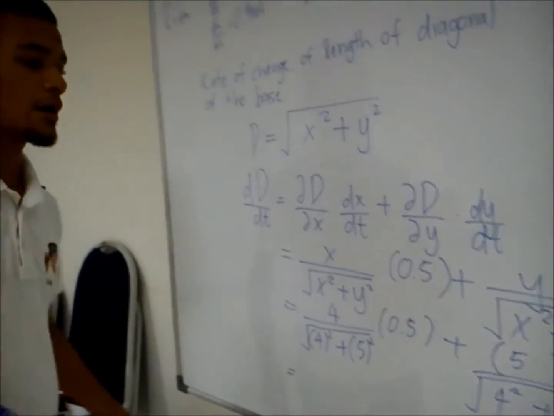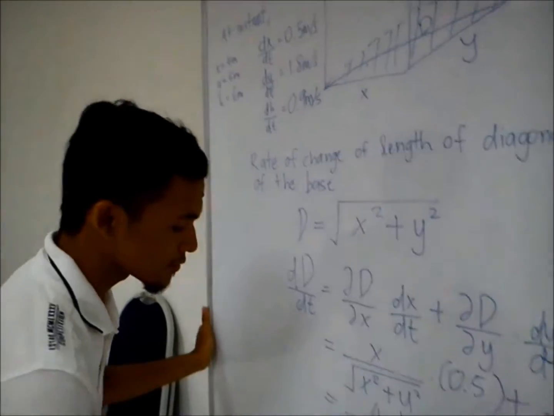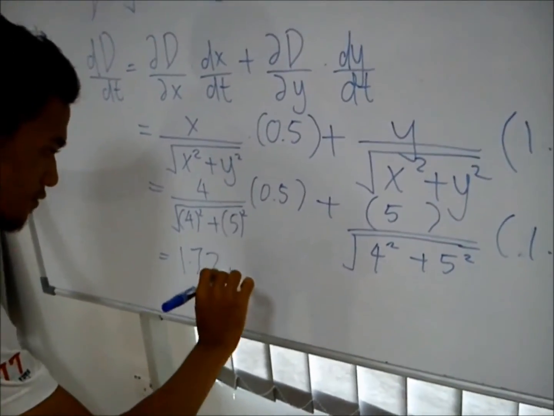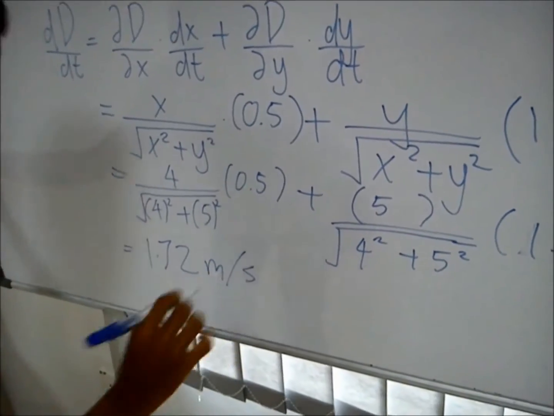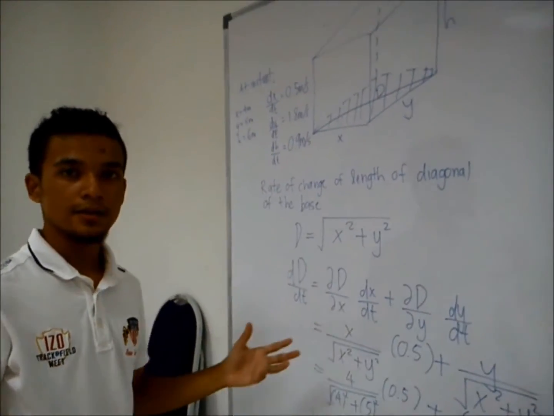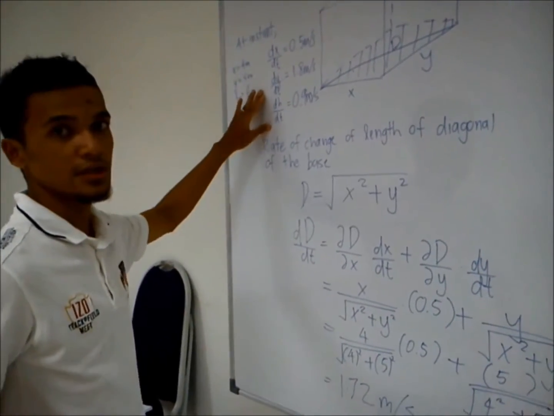If we calculate it by calculator, we will find out the answer will be 1.72 meters per second. So this is the rate of change for the diagonal length of the base with respect to the changes that have been given earlier.